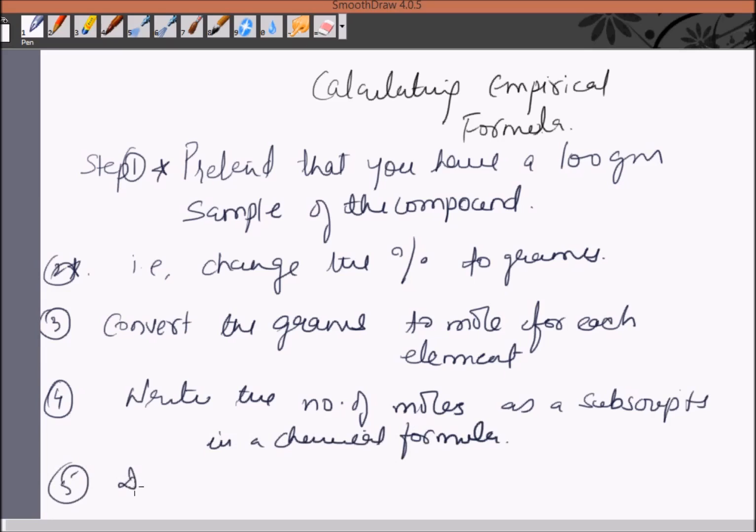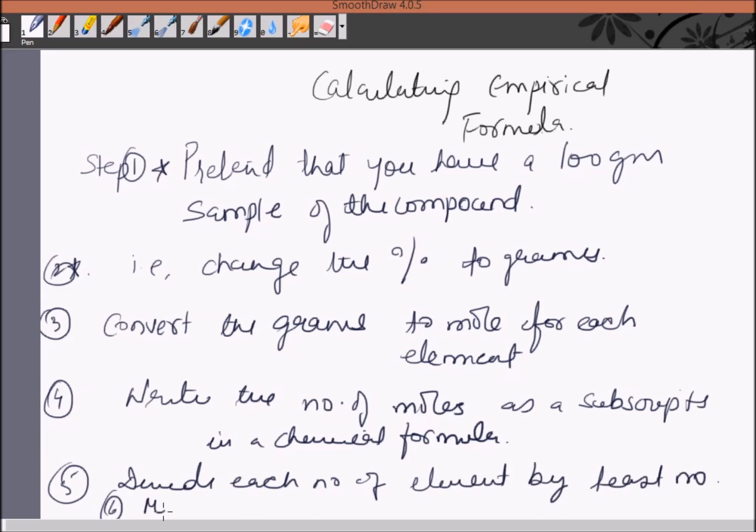Fifth, we then divide each number of elements by the least number.